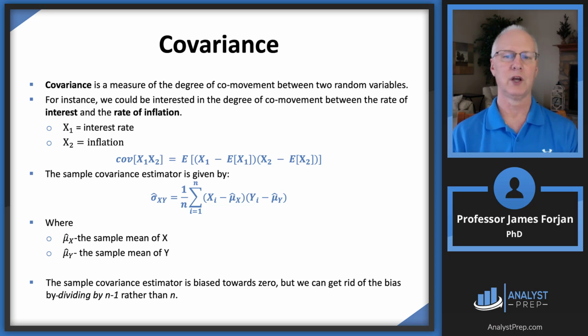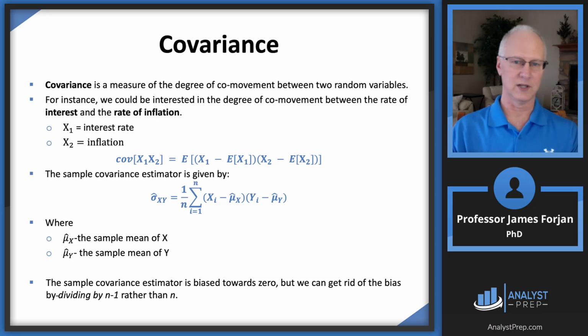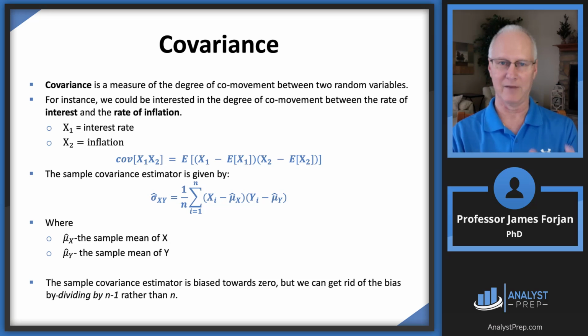And so to compute the covariance, all we're going to do is take the distance between each observation and its mean and multiply that by the distance between each observation and its mean. Of course, the first difference is for the first random variable, and the second difference is for the second random variable. That's why we call it a covariance.